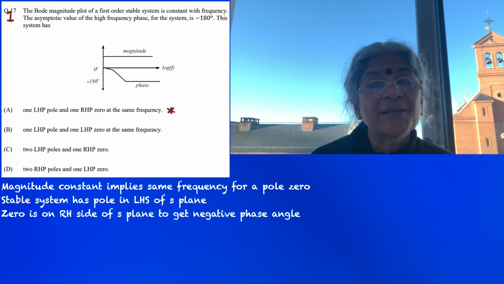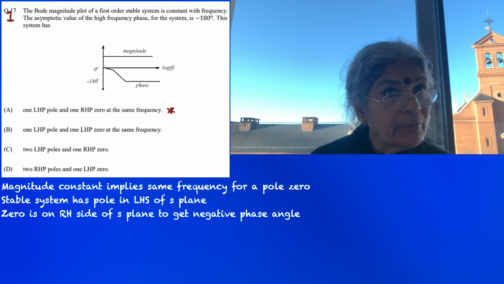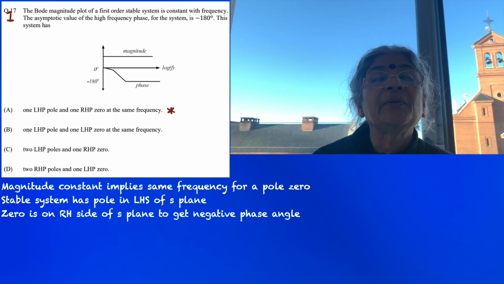This system has one pole. We already guessed it, one pole which is stable, so it will be located on the left hand side of the S plane, and it will need a zero, but it will be located on the right hand side of the S plane.